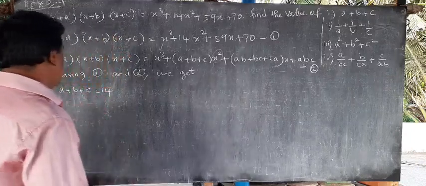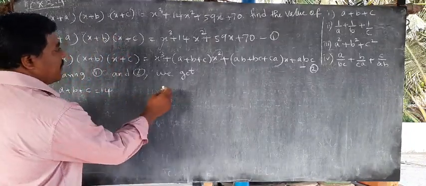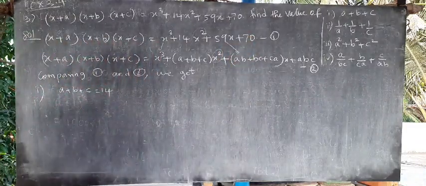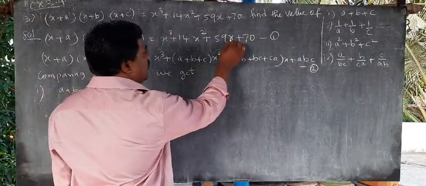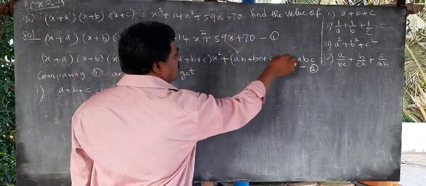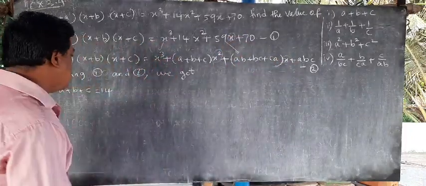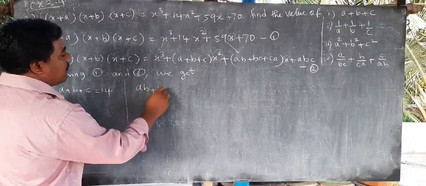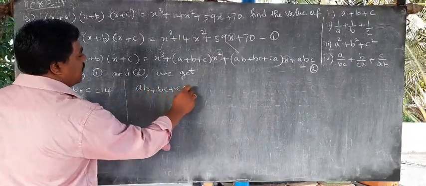And also comparing the coefficient of x. Here on x, here on x, here it is AB plus BC plus CA.